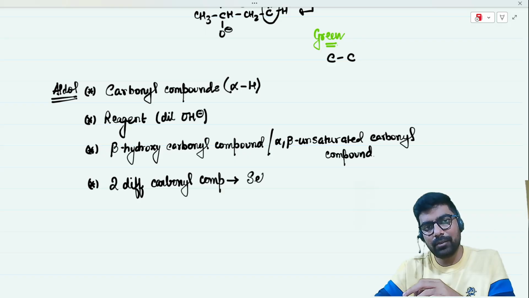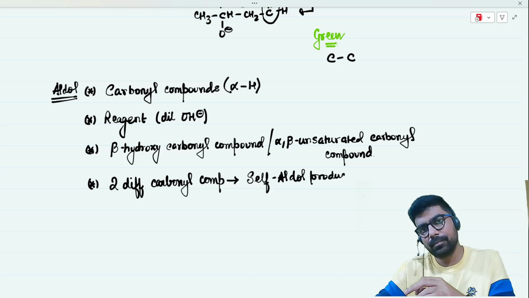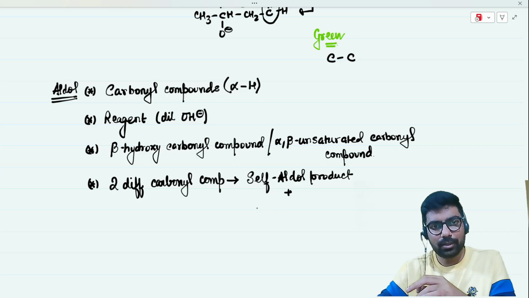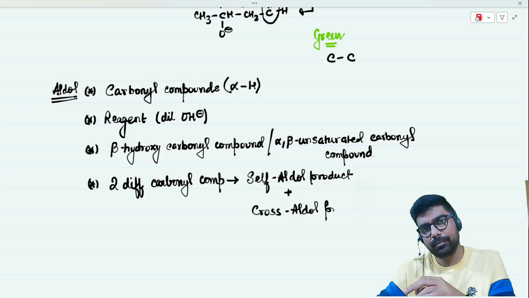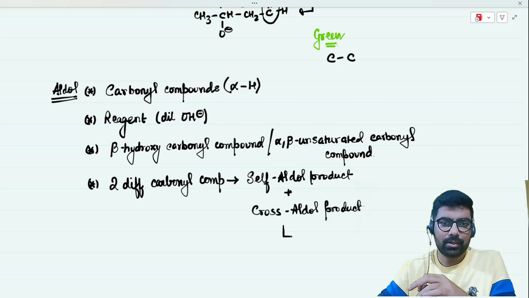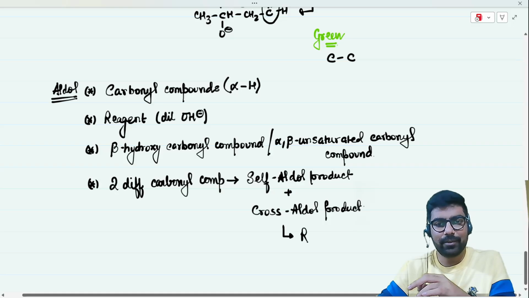So we will have a self aldol product plus a cross aldol product. And when we are comparing the cross aldol products, then we have to find out the reactivity. We have to see the reactivity.